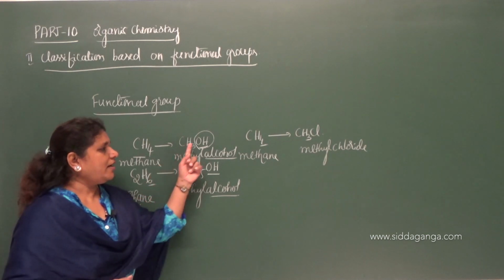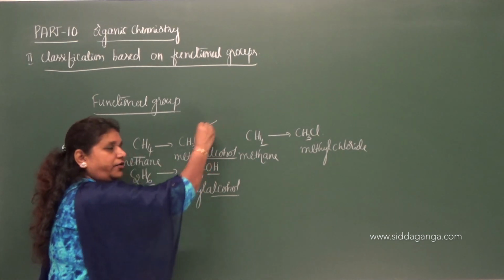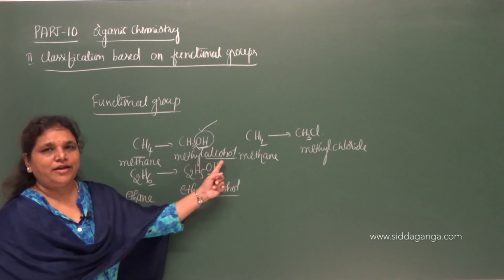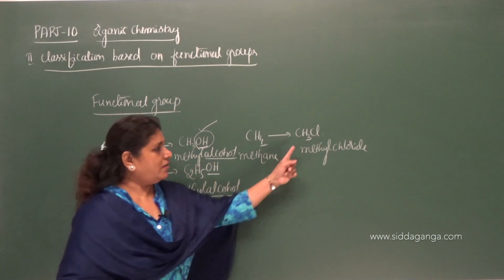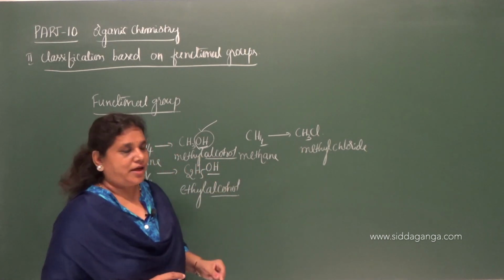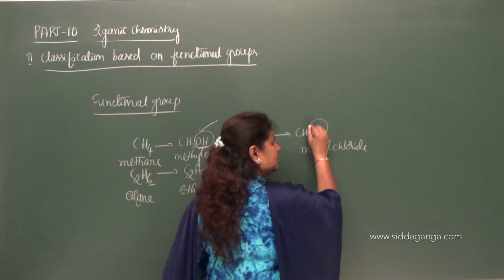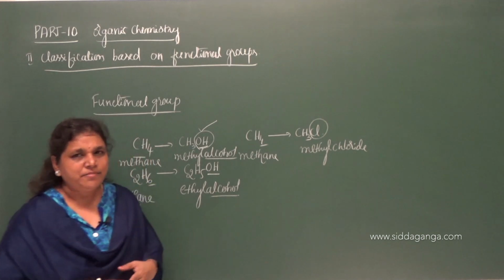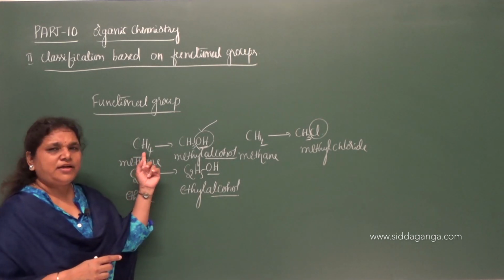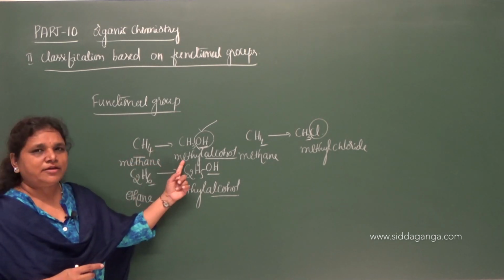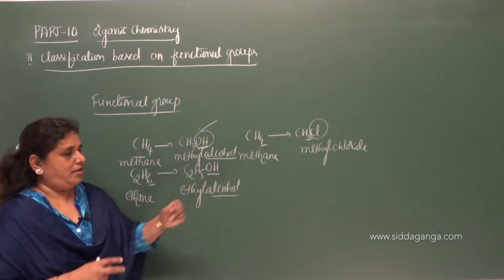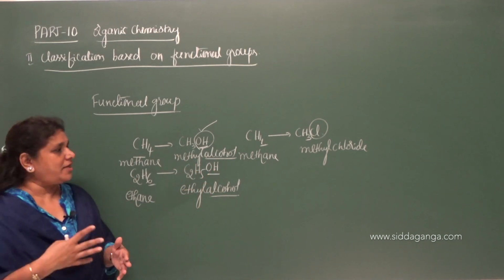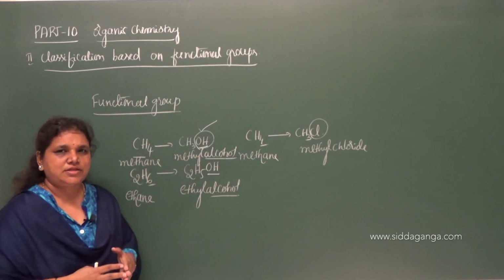Since the compound contains the OH group, we can call it methyl alcohol. Here also we call this compound methyl chloride because it contains Cl. At the same time, the properties of methane differ from those of methyl alcohol. The name changes, and at the same time the properties also change.